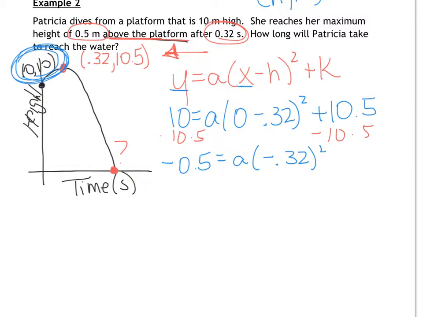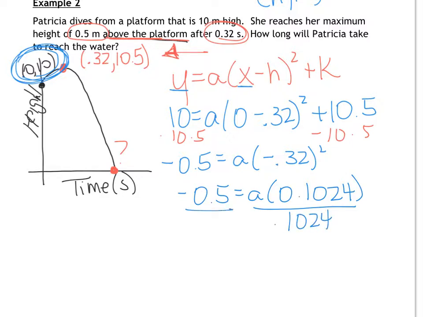So calculate what negative 0.32 squared is, and you're going to get 0.1024. And we're going to divide both sides by that number to cancel them out there. And A is going to equal negative 4.88.